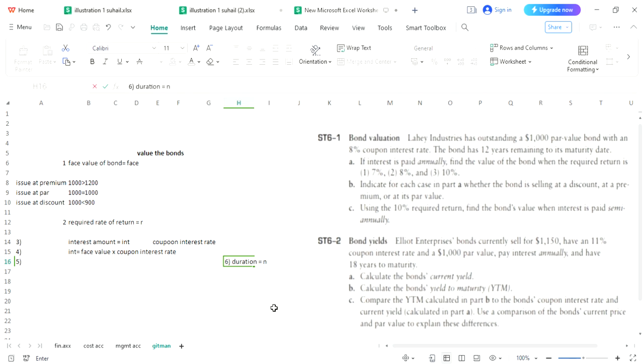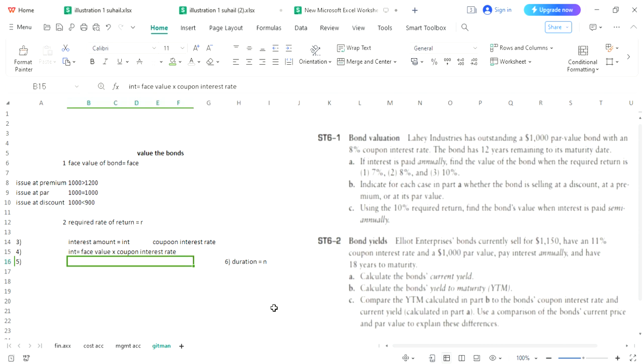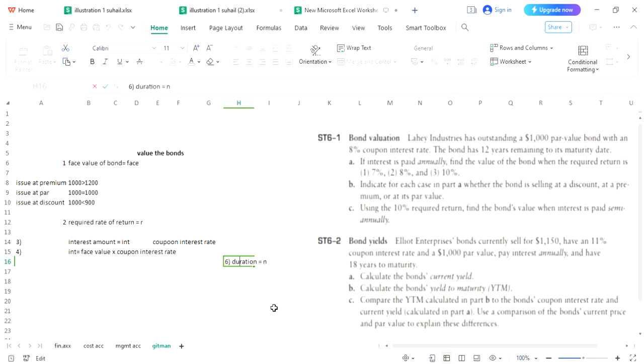You will write N as a symbol. So these 6 elements are important. I suggest you pause the video over here and read all the inputs again. What is face value? What is required rate of return? What is amount of interest? Number 4. And finally, you are getting number 5, which was duration. Duration is number of years.